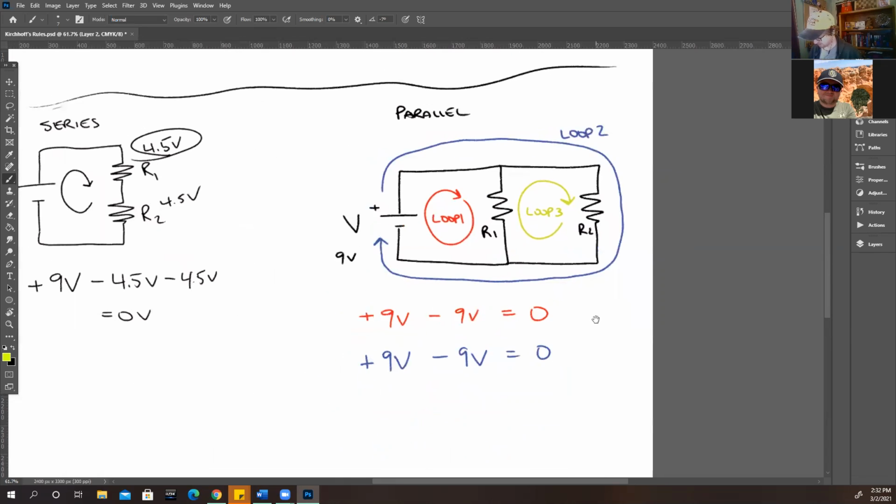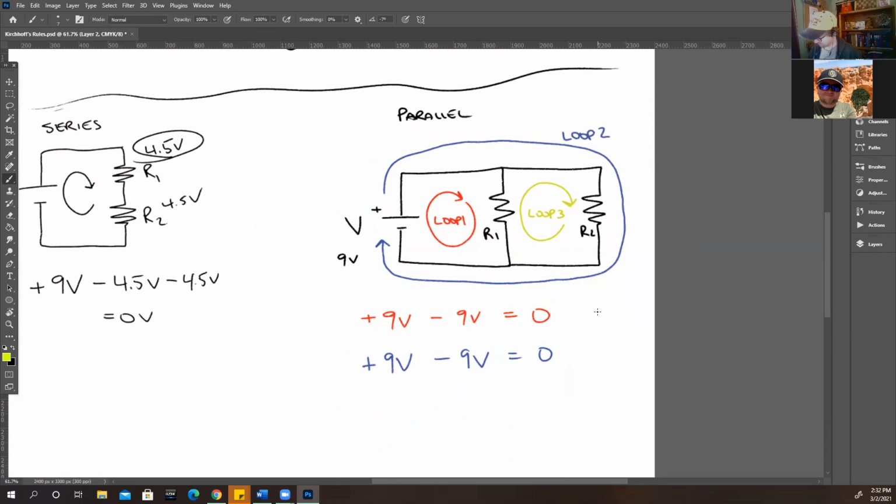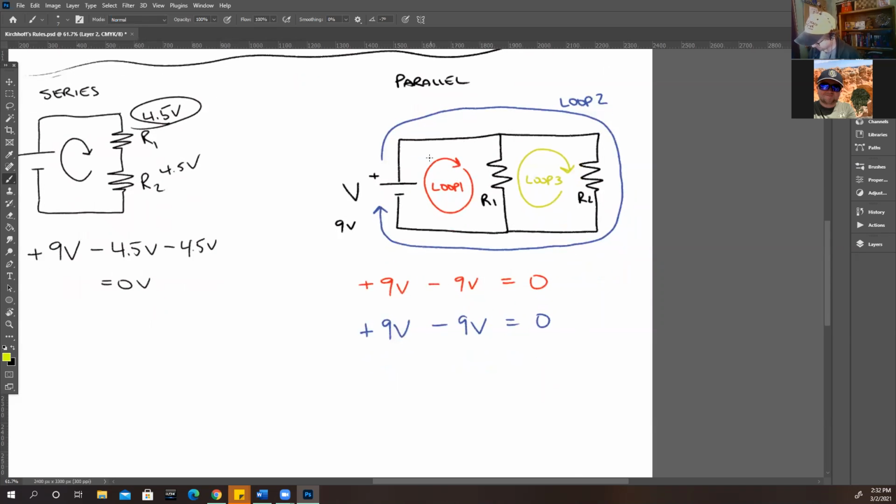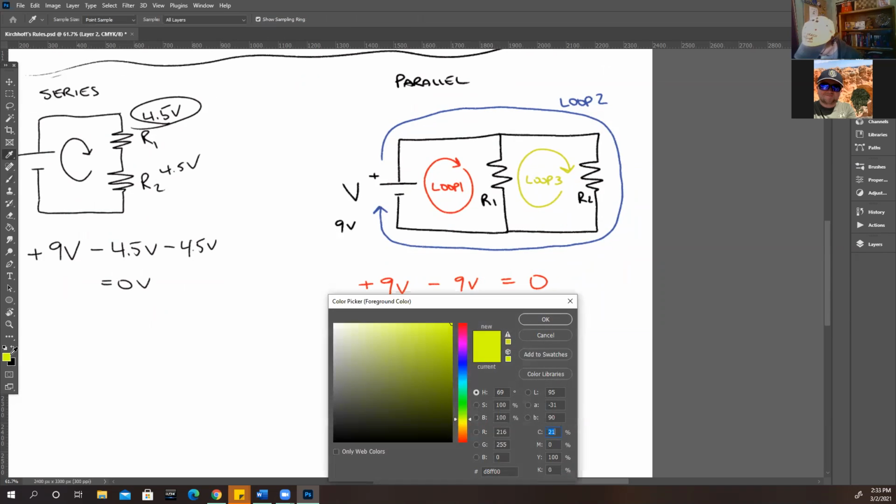So if I knew the voltage that went across this resistor, I can use the voltage rule to find what voltage goes across that one. And since I called this one, so let me do this. Let me get the red back.